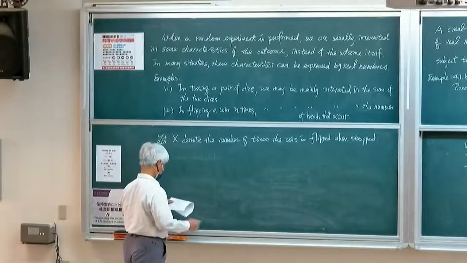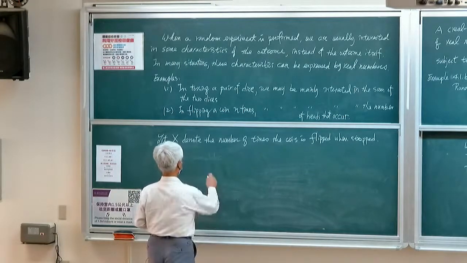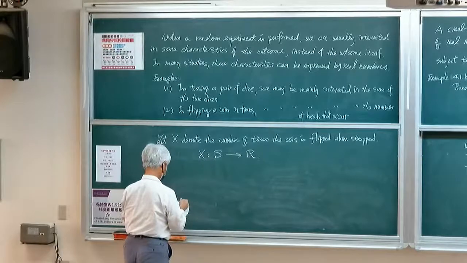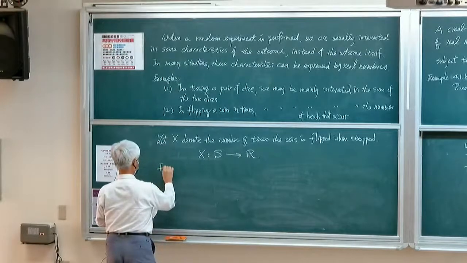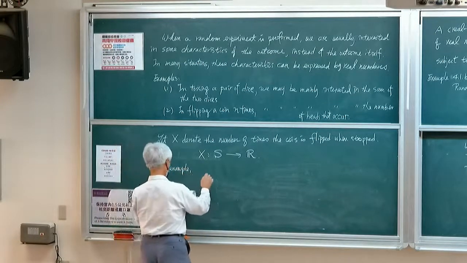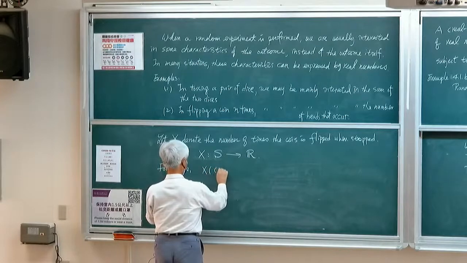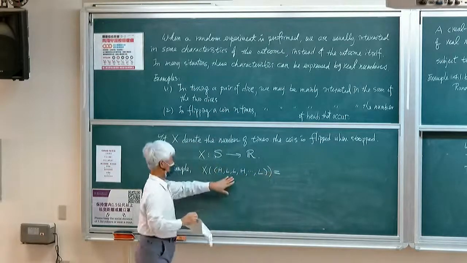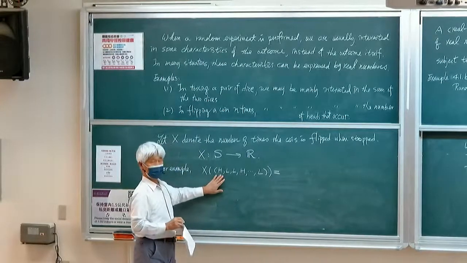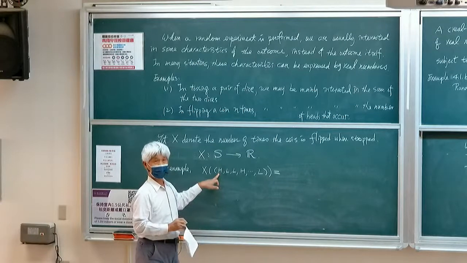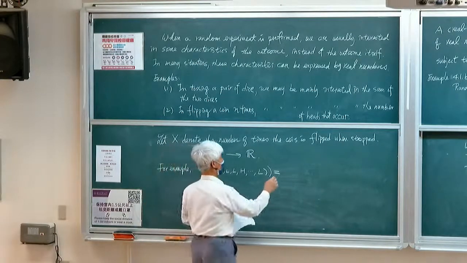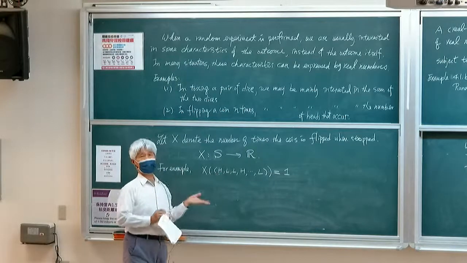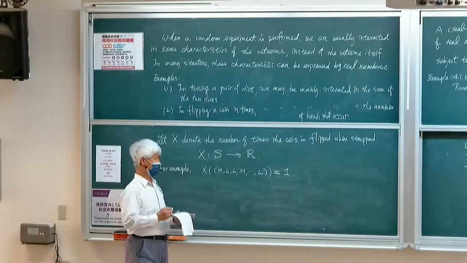So X maps the sample space to R. For example, if the outcome is this sequence, and you see that the head appears at the first flip, then the number of flips is 1, because after one flip we stop, because an H appears.